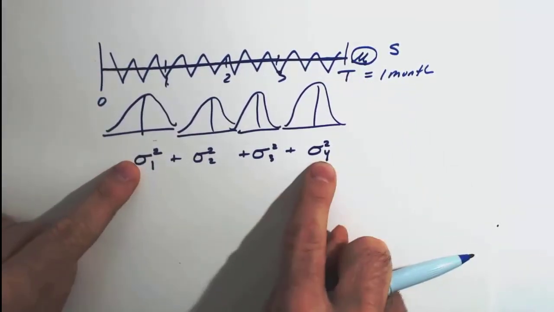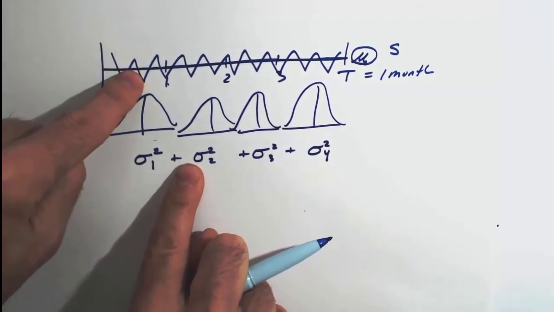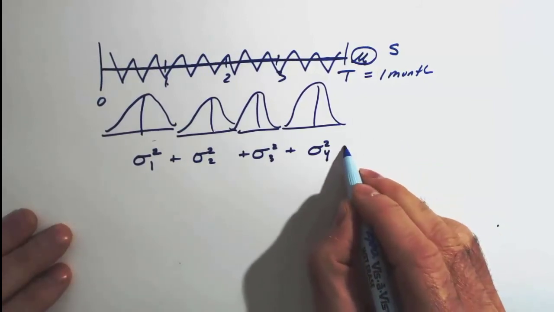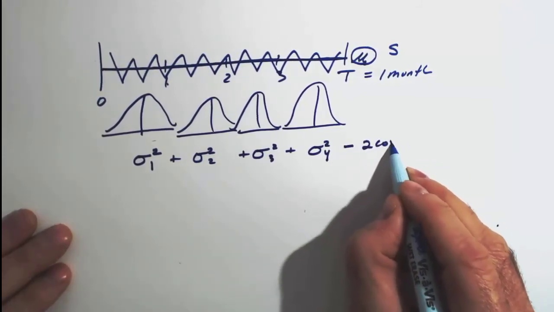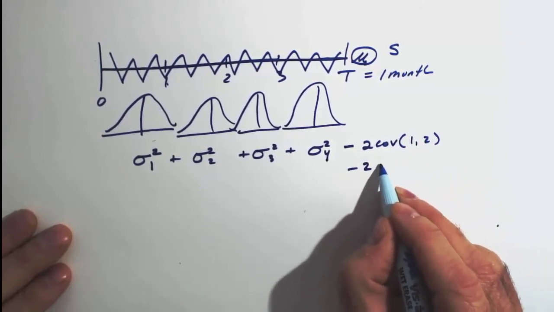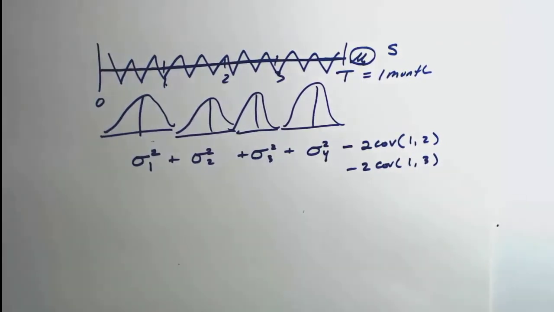So you have these variances, but they're not independent, because when you tend to be below average here, you're going to be above average here, and so on. So then you have to subtract off the covariance between week 1 and week 2, and the covariance between week 1 and week 3, and so on.